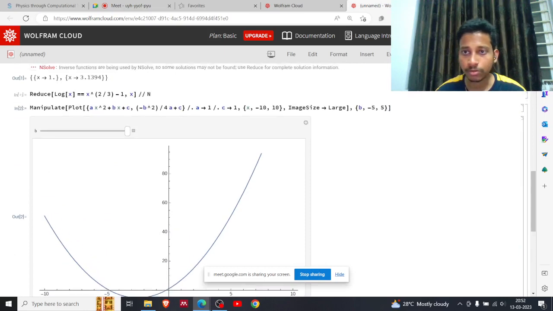Now I will show something from the mathematical desktop, because in this there will be a lot of problems.